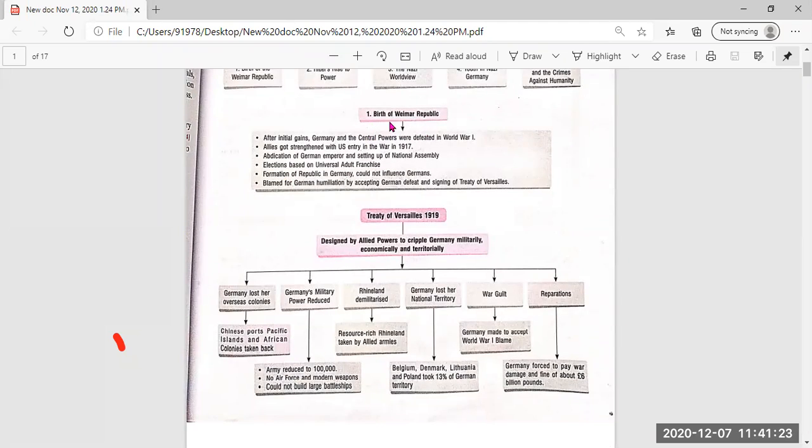So in the birth of the Weimar Republic, the Treaty of Versailles was also there, which is very important and which was very harsh for Germans.